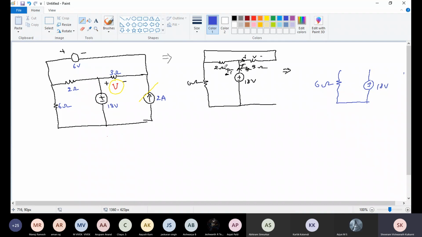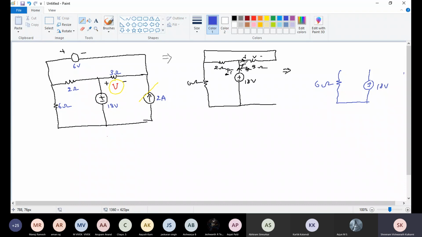Parallel. How are we going to see it in a simple way? If current is dividing into two parts, then we can simply call it a parallel circuit. If the same current is flowing through the network elements or these resistances, then I can call it a series circuit.